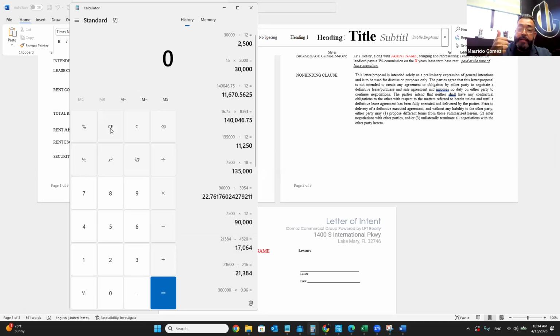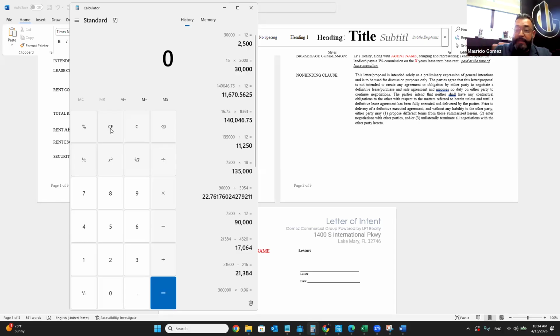What is triple net? That is your taxes, insurance, and sales tax. In Florida, there's no more sales tax on commercial leases, but we still use the term triple net. Operating expenses is usually the term used for industrial warehouses more often than not, but it means the same thing.